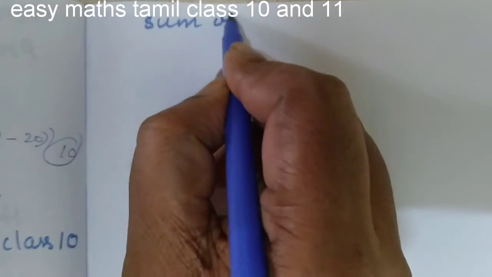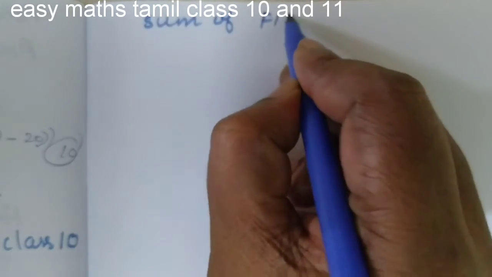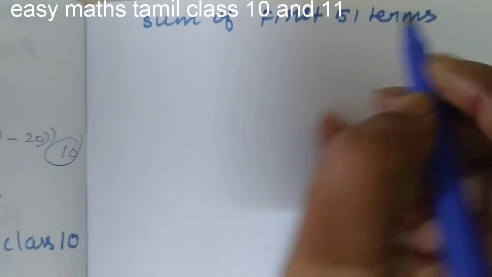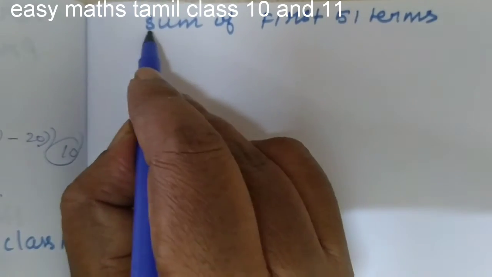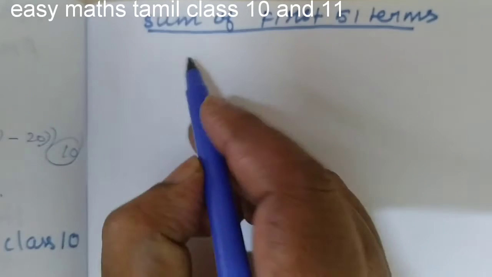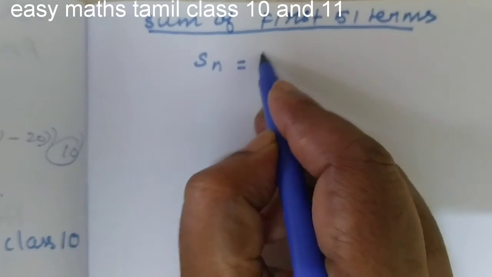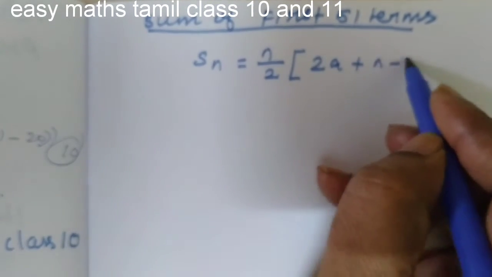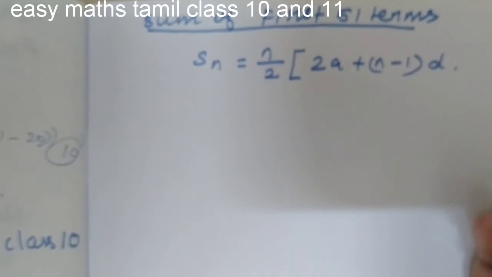Sum of first 51 terms. The formula to find the sum of the terms is Sn equals n by 2 into 2a plus n minus 1 into d.